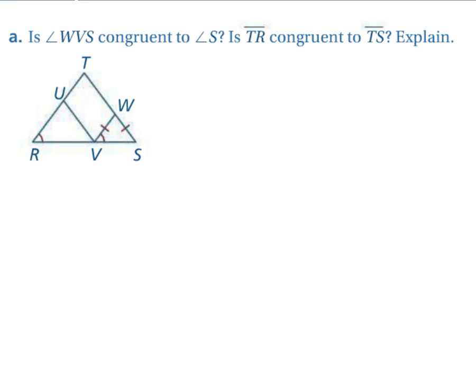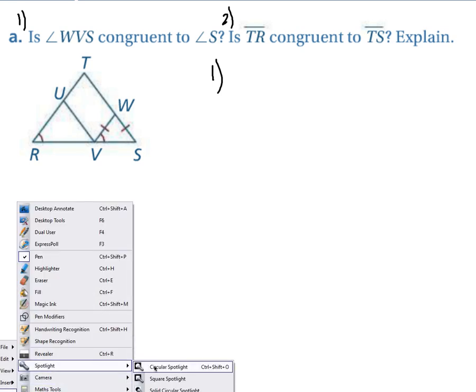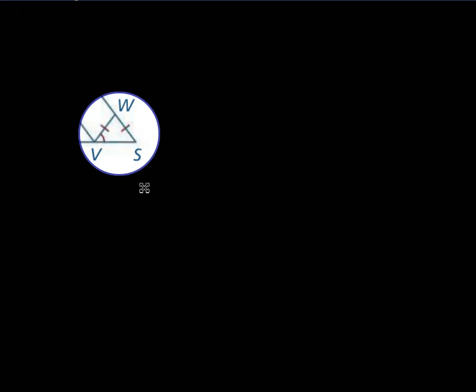Next, is angle WVS congruent to angle S? We'll label this one 1, and the second one is TR congruent to TS. So we're going to look at the first one. So we're only looking at this little triangle.